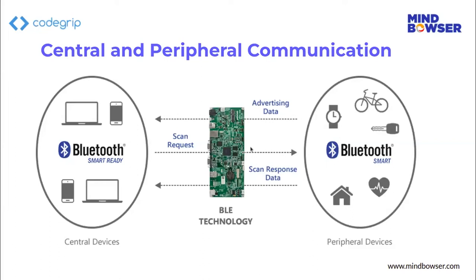The main thing is that BLE technology acts as a middleware. Whenever we scan and the peripheral advertises, after the connection is established we can perform read and write operations, which Priyanka mentioned previously: read, write, notify, and indicate operations between these two devices.